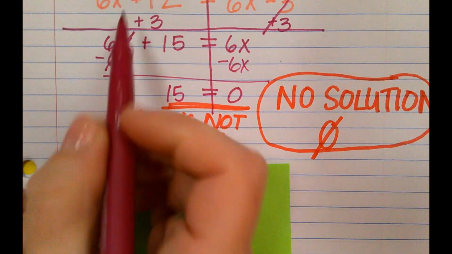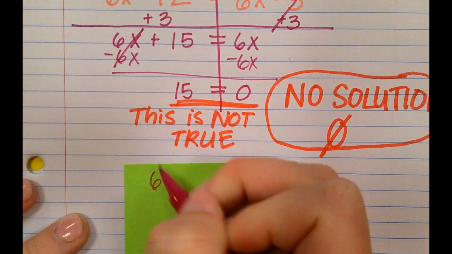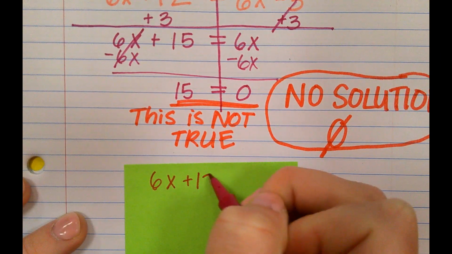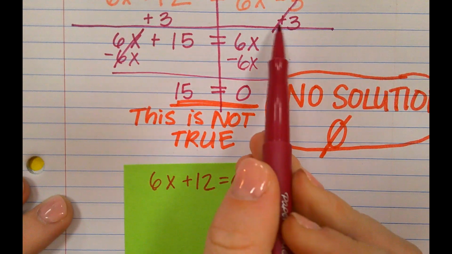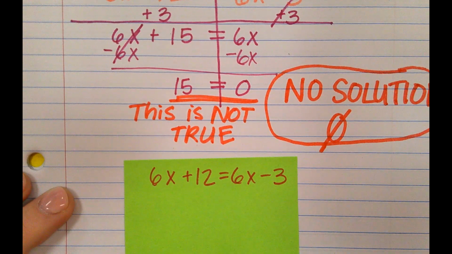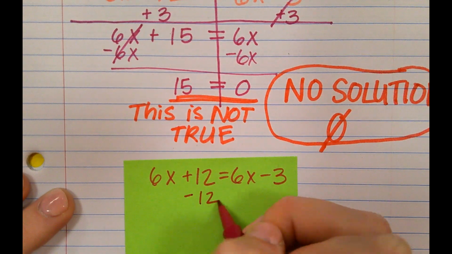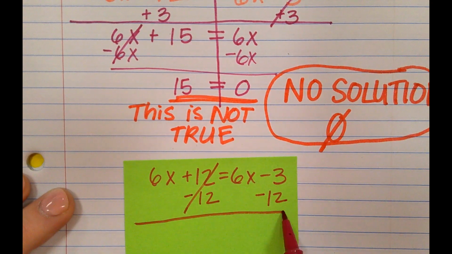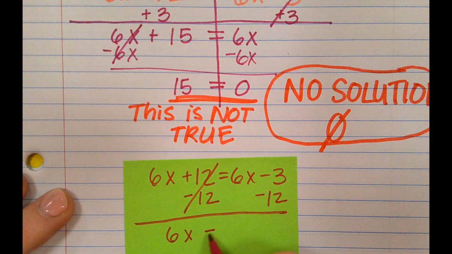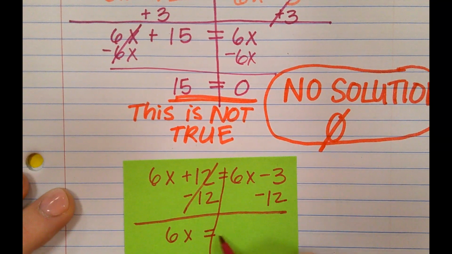We're at the step now where we have 6x plus 12 equals 6x minus 3. Maybe instead of doing plus 3, you decide to do minus 12. I'll do minus 12. If I do that, I'll get what we talked about earlier, 6x equals 6x minus 15.